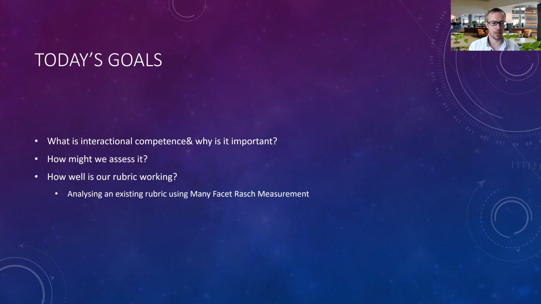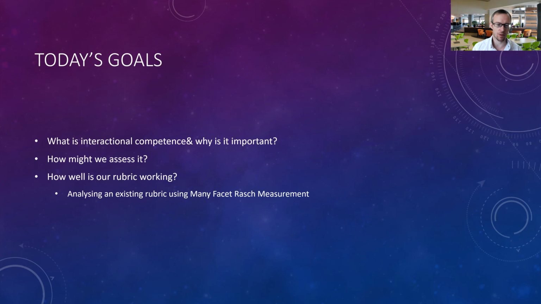Next, we'll take a look at a rubric that we were using on a discussion skills course, a seminar skills, discussion course at the university that I work at. So we'll analyze that rubric to see how effectively it is functioning using Many Facet Rasch Measurement. I'm not going to get very deep into the Rasch statistics, which can get extremely technical.